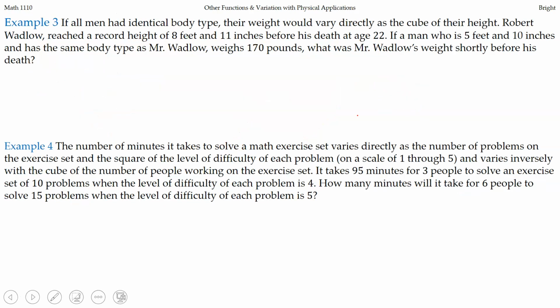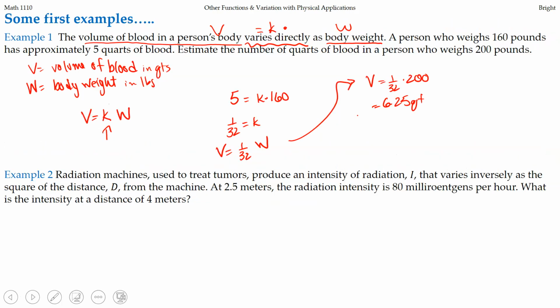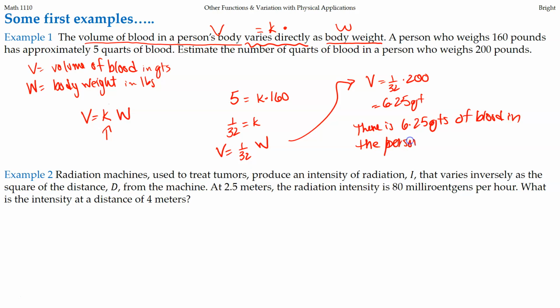So then again, since it is in a context, I would need to respond in context. So there is 6.25 quarts of blood in the person's body. Okay. Great.